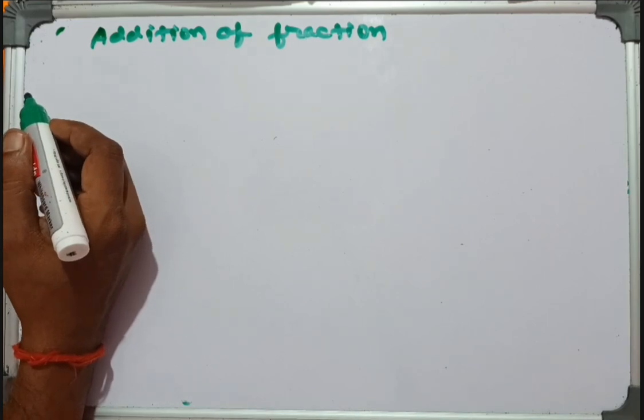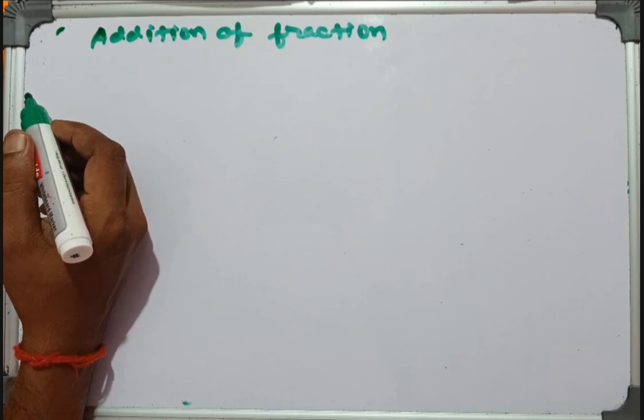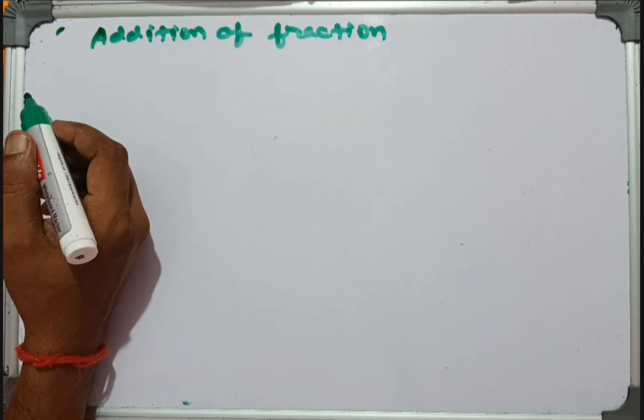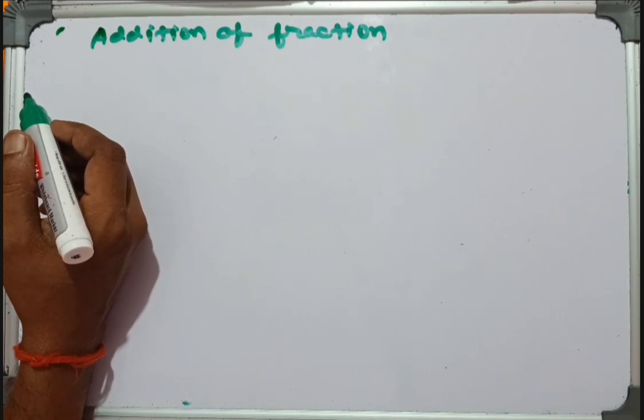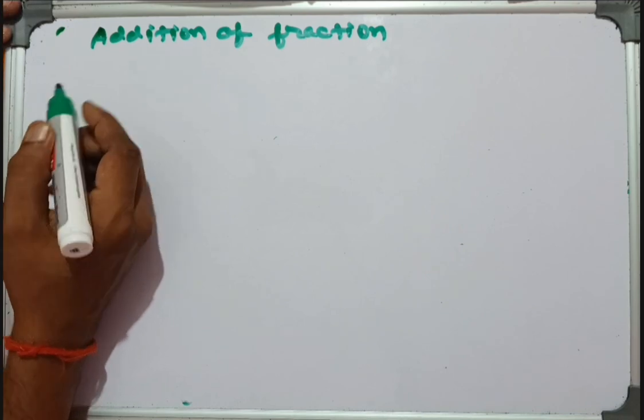You have to see my first video about fractions for the terms I used just before, then it is easier for you to understand. The link of the first video is given in the description box.